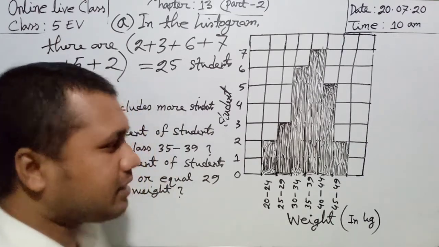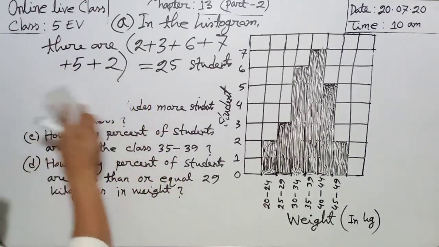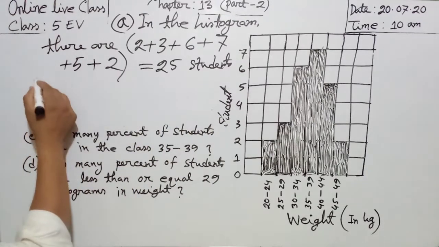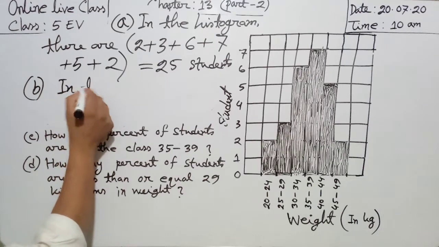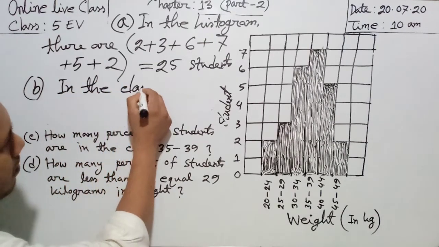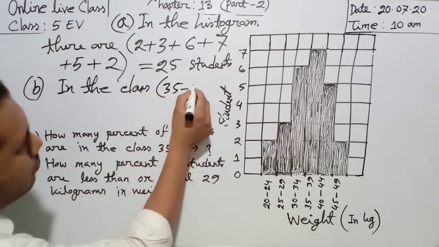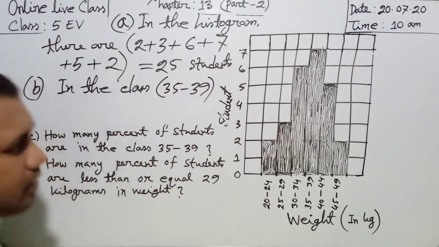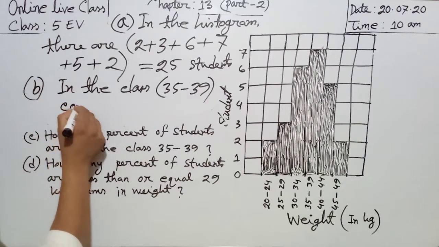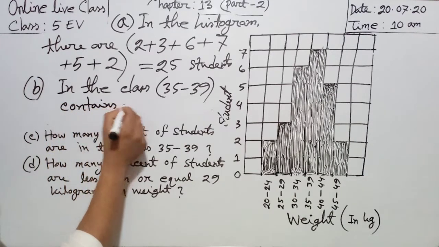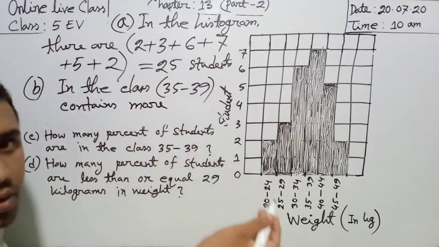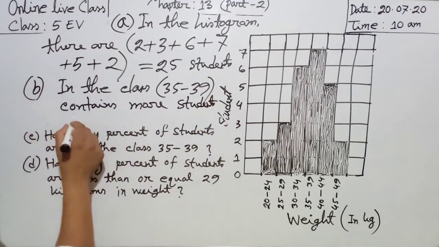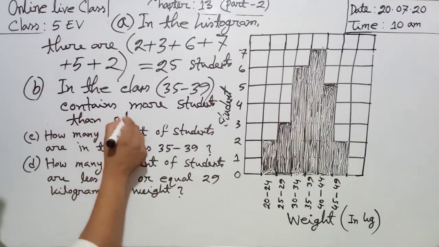So we can write the answer of B: the class 35 to 39 contains more students than others.